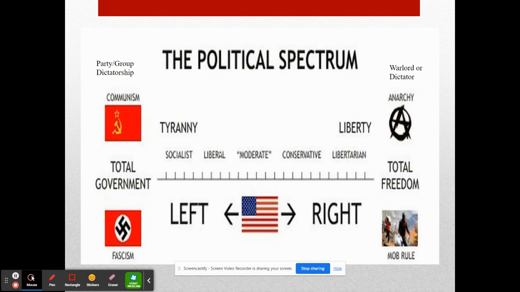To the left of the moderate is the liberal. For the left in general, for liberals, the big issue is tolerance and equity. Another way of looking at it is fairness. For the liberal, it's not fair that some people have more money than other people.